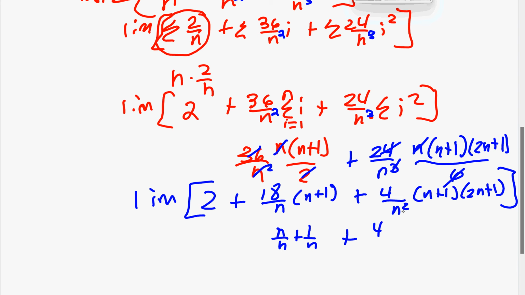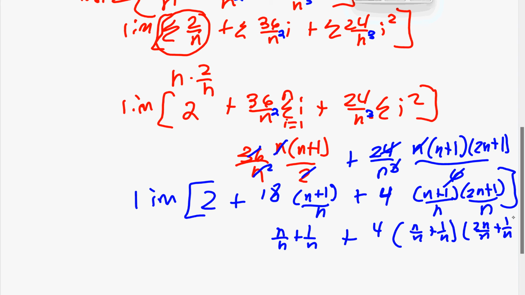So same thing here, I can take this n and just put it right here underneath that one, and now that one I still get an n squared, correct? So I still get an n squared. And then I can do the same thing as I just did here. Right, I can put this under this, same thing, right? And then it goes under that just like that one, so this becomes n over n plus 1 over n times 2n over n plus 1 over n.